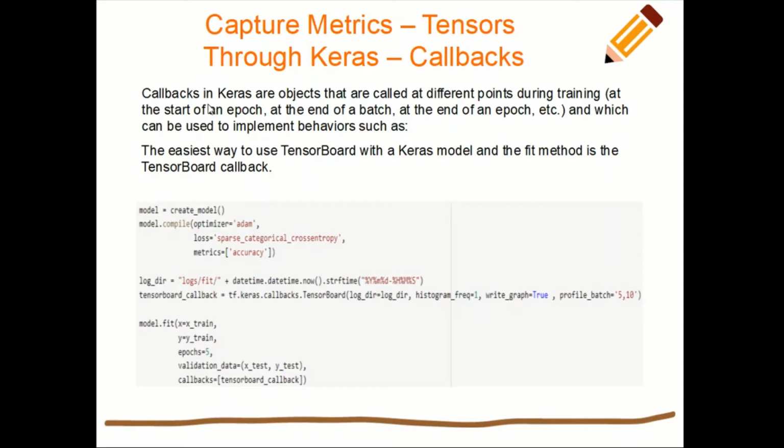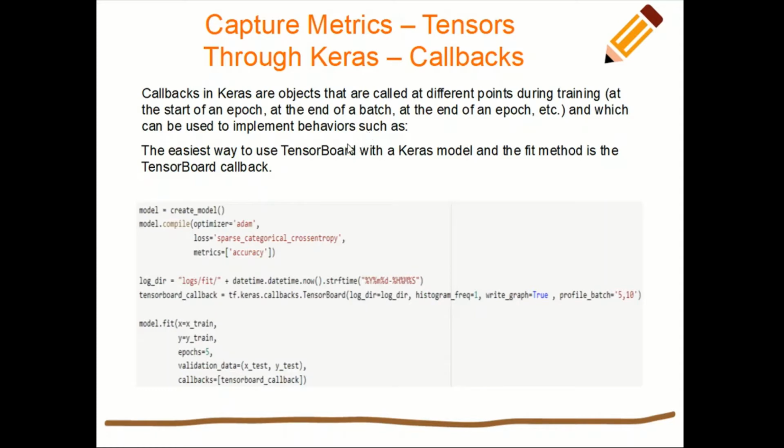So callbacks in Keras are objects that are called at different points during the training. So we can call it at the start of the epoch, at the end of the epoch, at the start of the batch, end of the batch. There are multiple ways we can call the callback function. Okay, and this particular thing can be used to implement different kinds of behaviors.